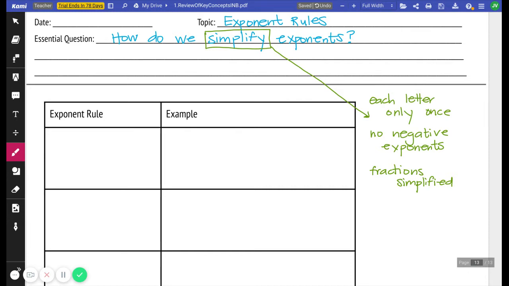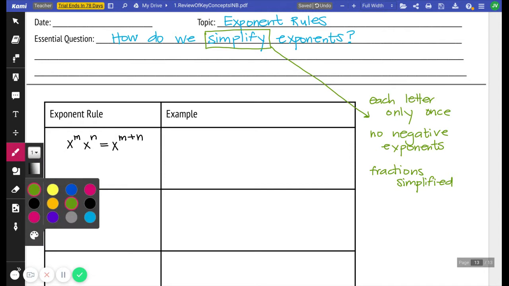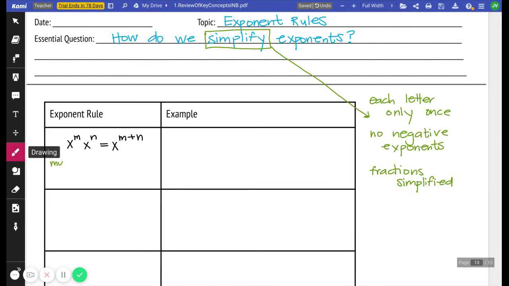If I have the same base, I add their exponents, okay? So when we are multiplying, we add the exponents.